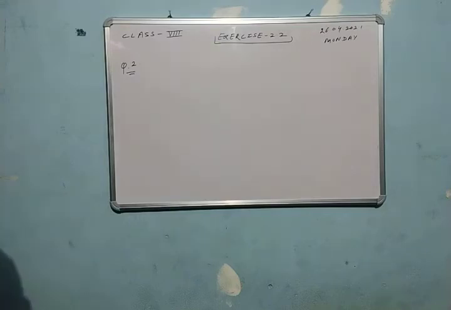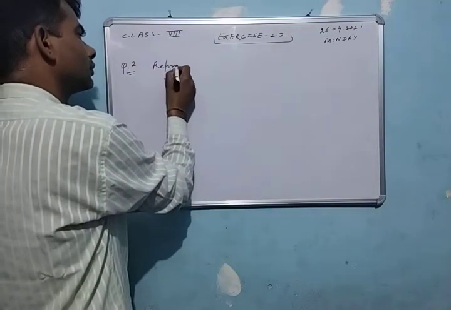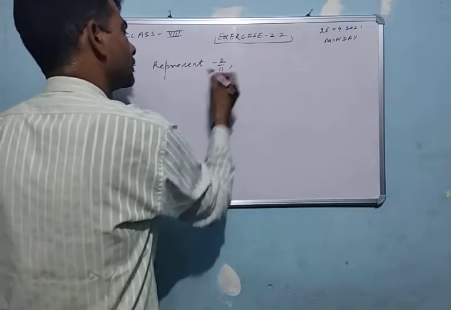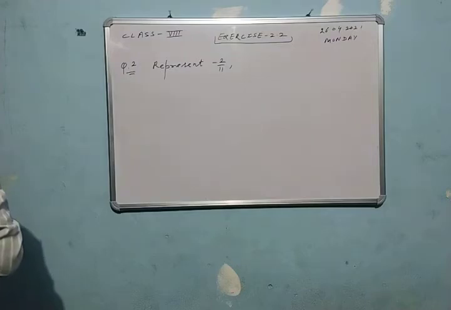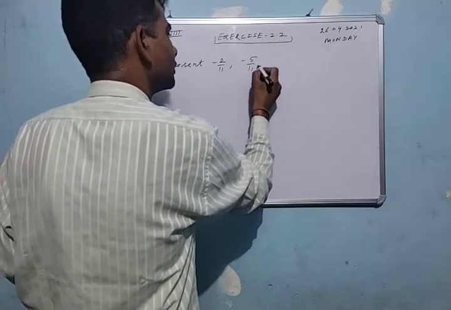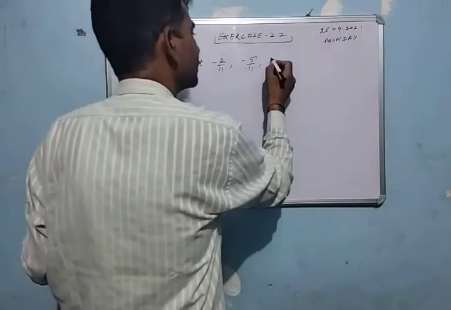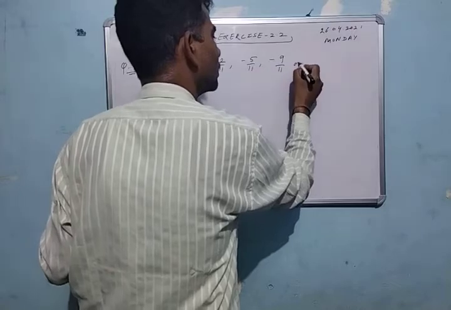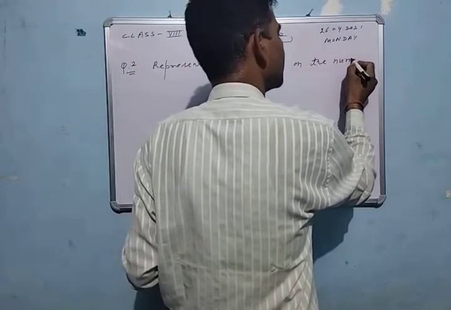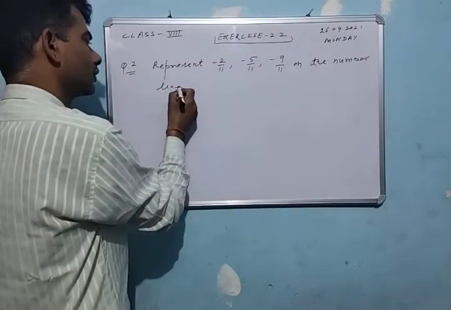Represent minus 2 by 11, minus 5 by 11, and minus 9 by 11 on the number line.